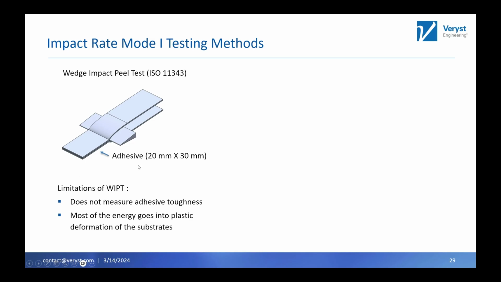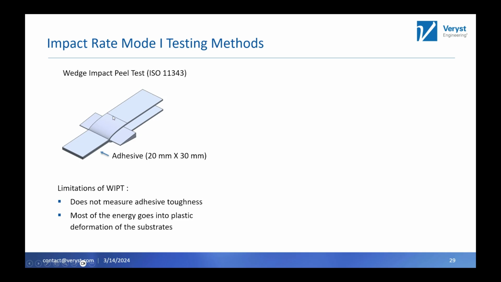We thought about this and said, okay, this is an impact rate mechanical characterization of this structural adhesive joint. The problem with this test is that you end up with a lot of plastic deformation of the adherends, and that means that when you're measuring the load displacement relationship during these tests, you're not actually measuring the toughness of the adhesive joint.